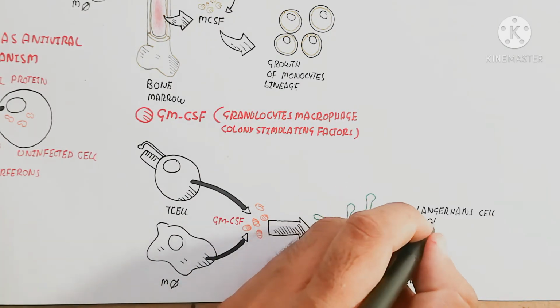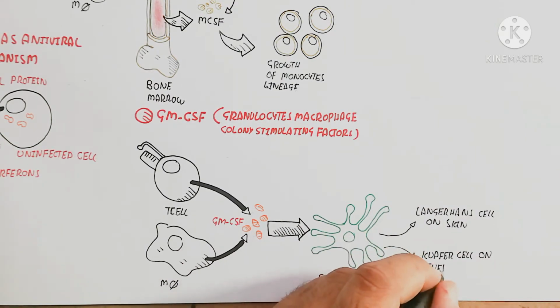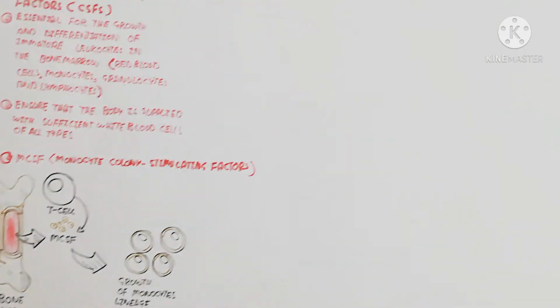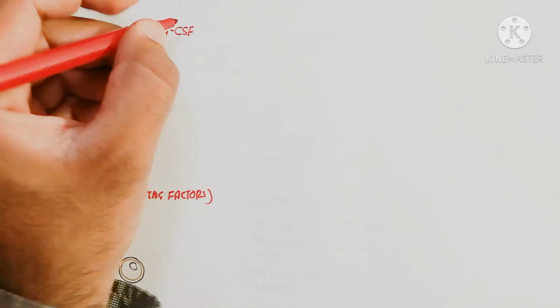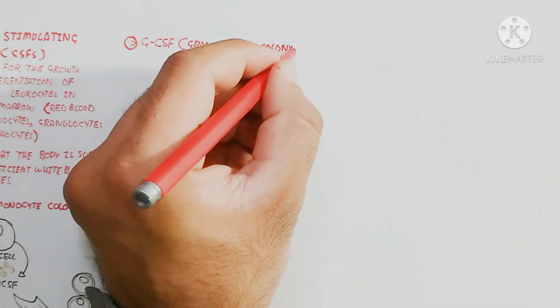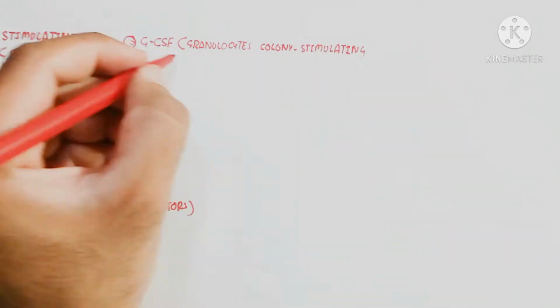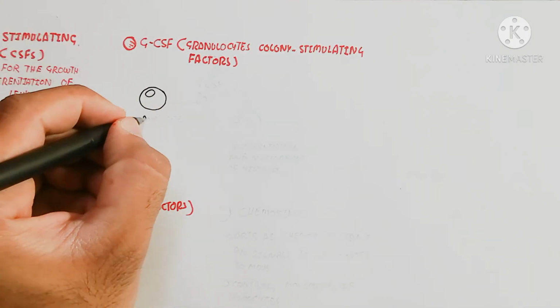So these T cells and macrophages produce GMCSF, which differentiates the dendritic cell into the Langerhans cell of the skin and Kupffer cell in the liver, for example. On the other hand, the GCSF is the granulocyte colony stimulating factor, which stimulates the granulocyte colony.